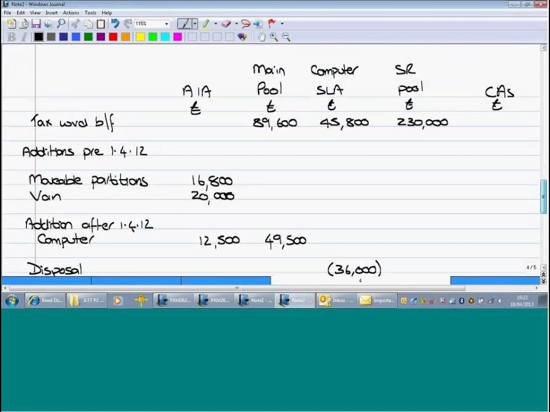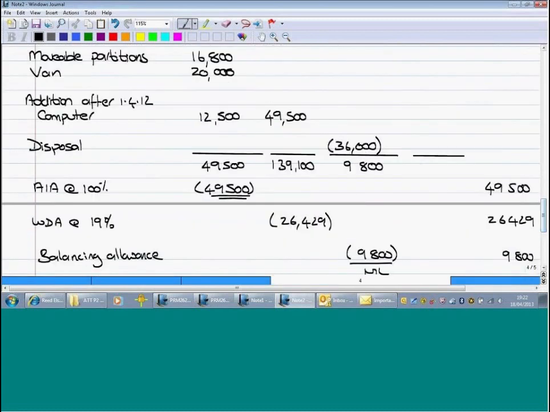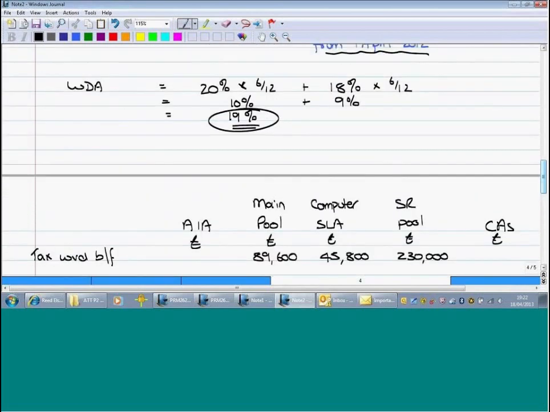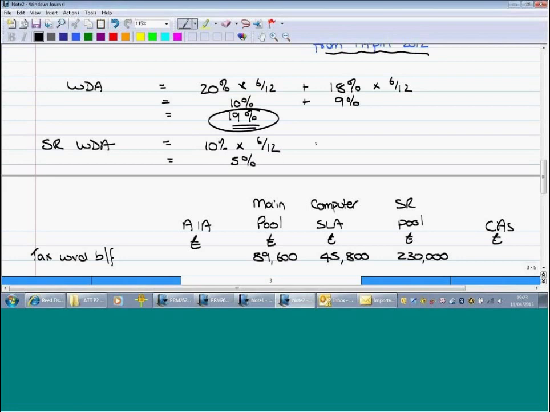Okay, and then finally, all we've got in the special rate pool is the £230,000 of tax written down value brought forward. Nothing else has affected that pool in the period. So I'm going to do a quick working to my special rate pool WDA. That was 10% before April 2012, so I'm going to calculate 10% times 6/12, giving me a figure of 5%, and then after April 2012, it became 8%.